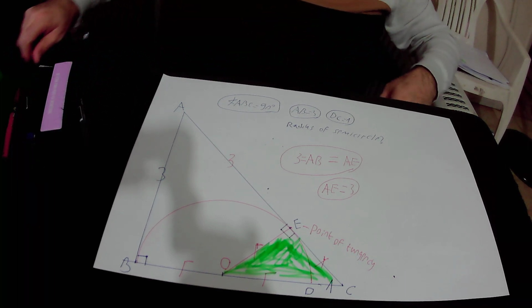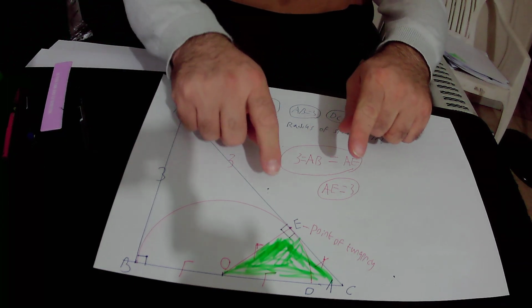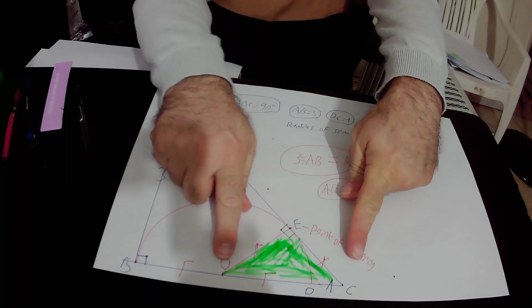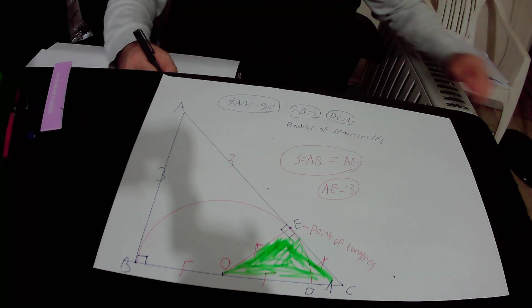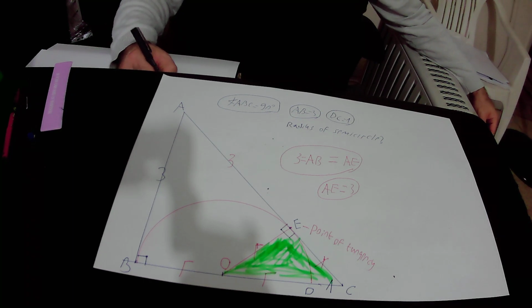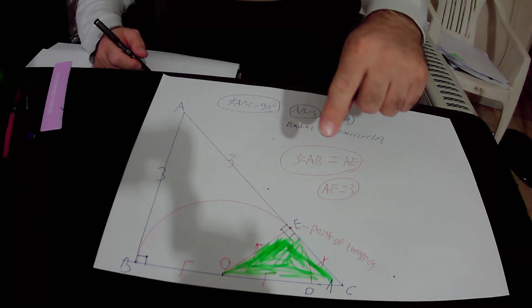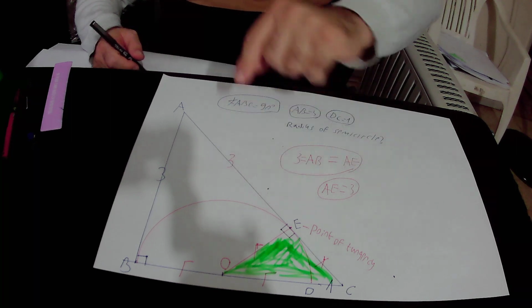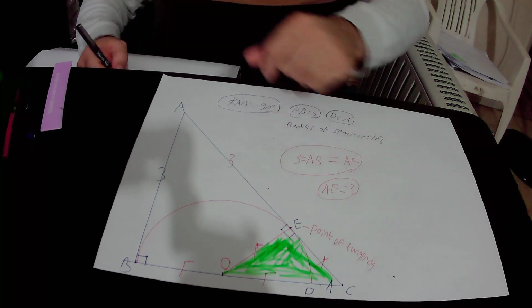That is to say, the hypotenuse is OC, so the square of the hypotenuse is OC squared, and it equals the sum of the squares of the perpendiculars. That is to say, it equals OE squared plus EC squared.